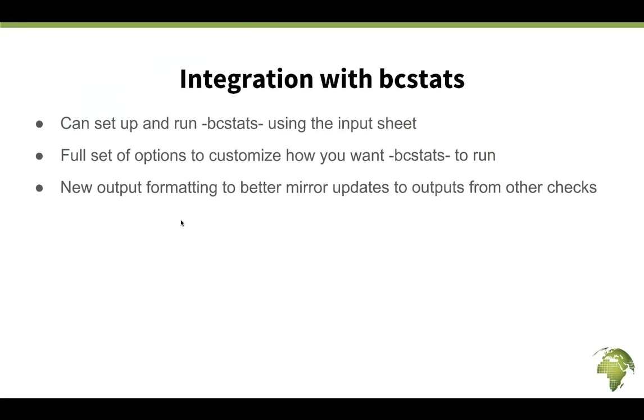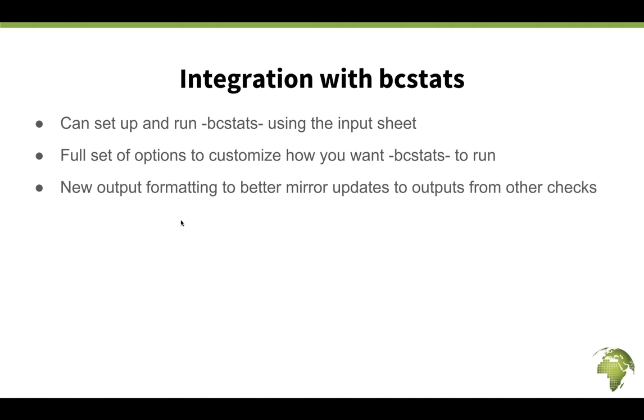Next, there's also now the high frequency checks are fully integrated with BC Stats, meaning that you can do the setup of BC Stats directly from the inputs sheet. So there's now an additional tab where you can set up your back-check variables, so which ones you want to be back-checked, which type they are, whether or not you want to use a t-test or do a reliability test, or whether or not you want to allow a certain range to be okay within each of those.